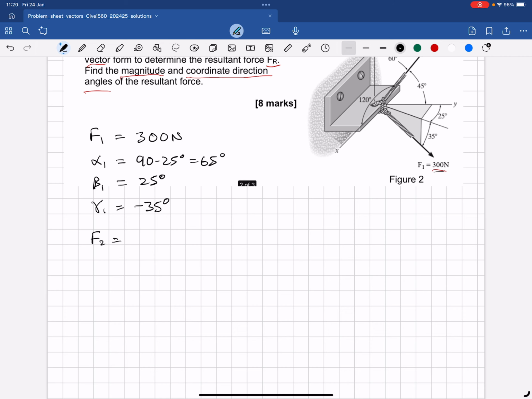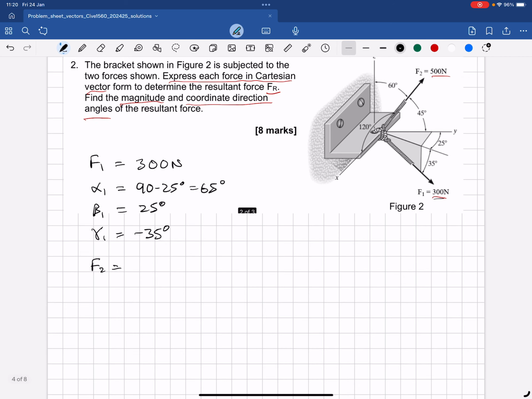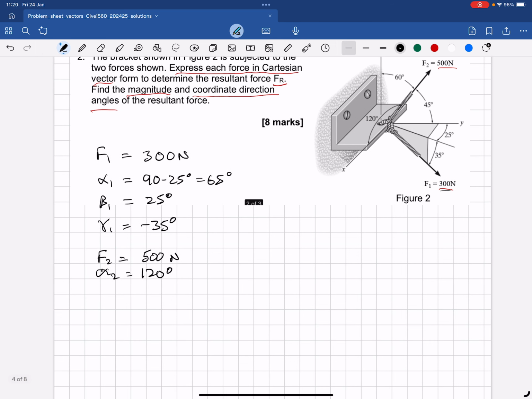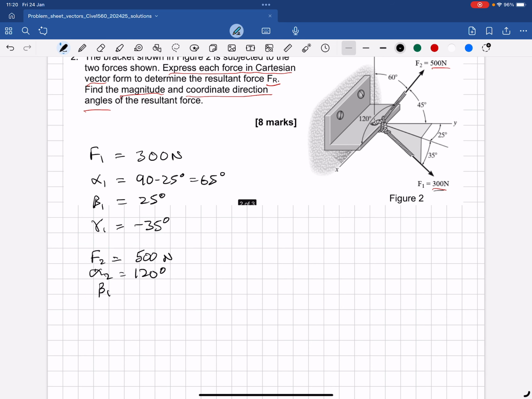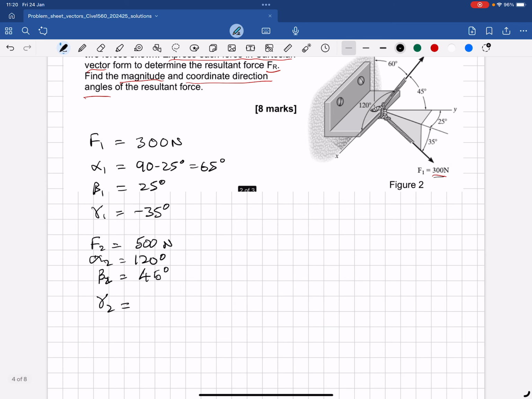F2 magnitude is 500 newtons. Alpha 2 is equal to 120 degrees, angle with the x-axis. Beta 2 is equal to 45 degrees, angle with the y-axis, and gamma 2 is equal to 60 degrees, angle with the z-axis.